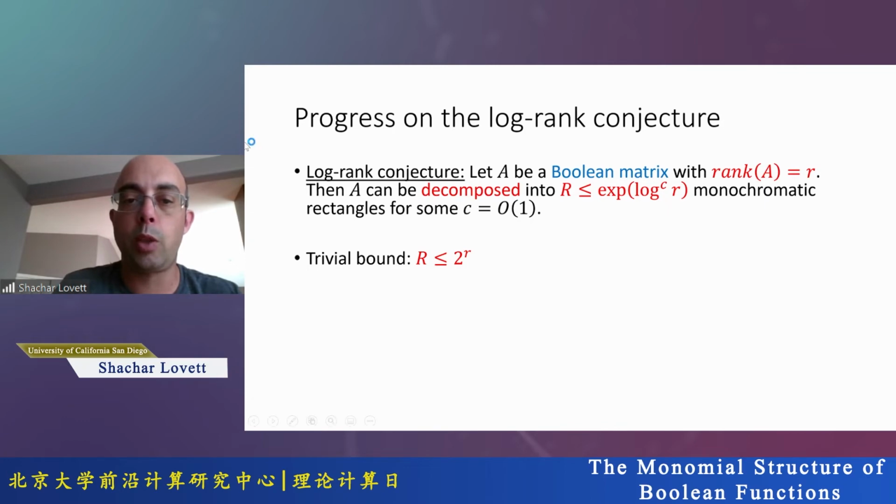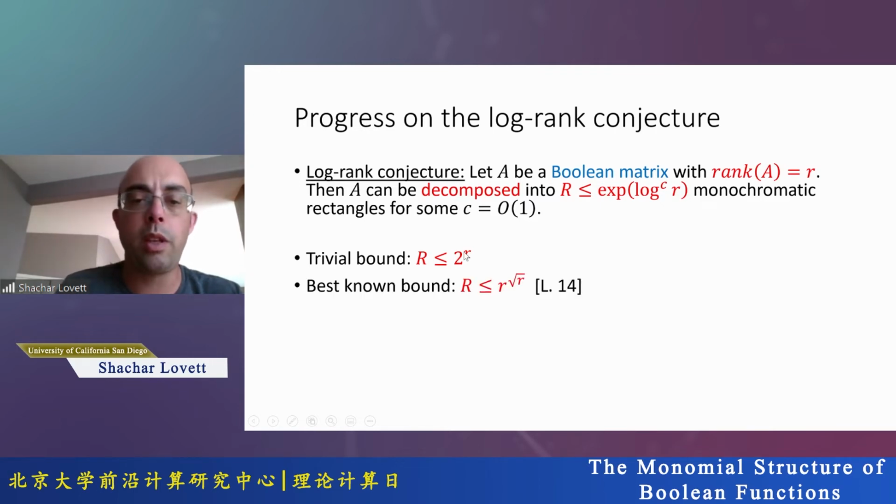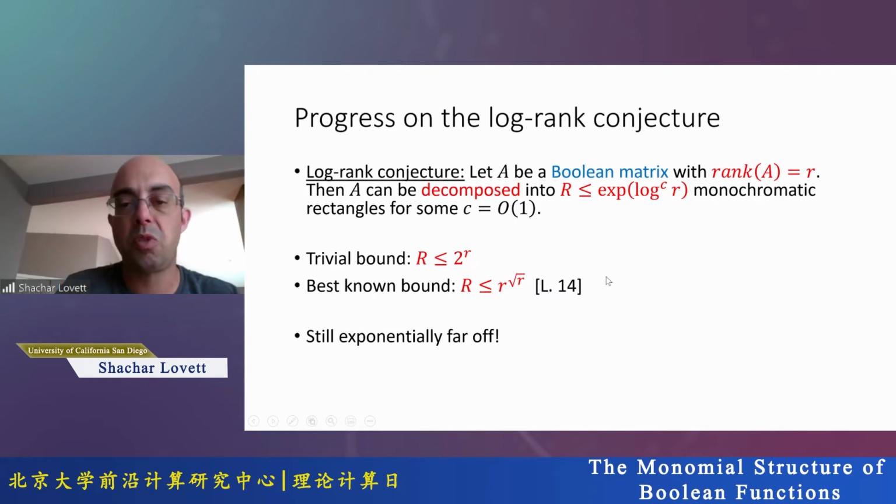As an exercise, you can show that you can always choose capital R to be exponential in the rank. One thing I proved a few years ago is that you can get exponential in the root of the rank, and that's the best we know so far. This is still very, very far from exponential in polylog rank. This is exponential in root rank, this is exponential in log rank or polylog rank, still exponentially far off.